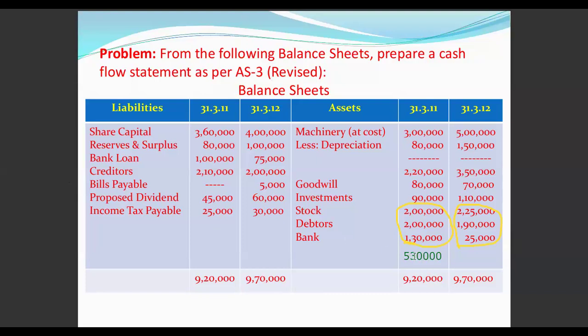For the second year, if I take a total, it is 2,25,000 plus 25, it becomes 250, plus 1,90,000. So it becomes 4,40,000.